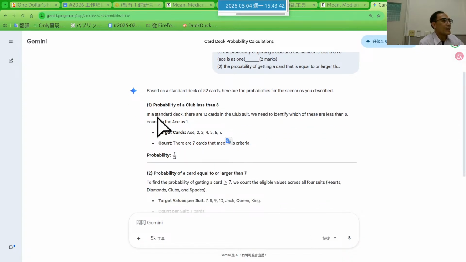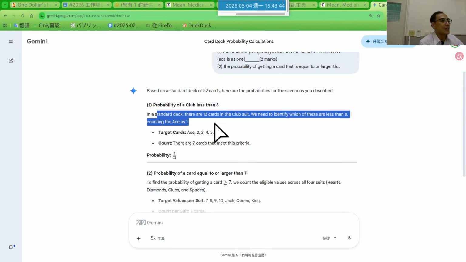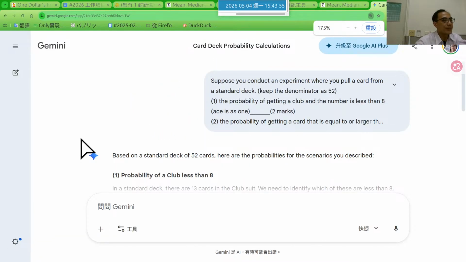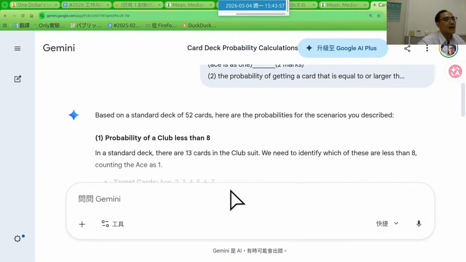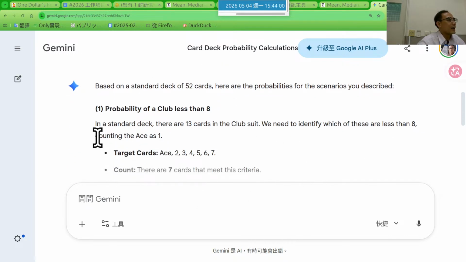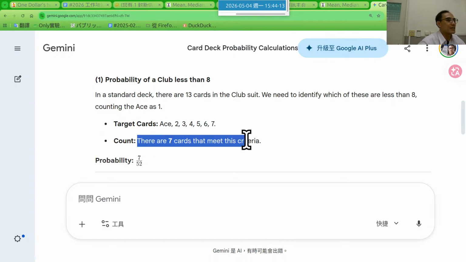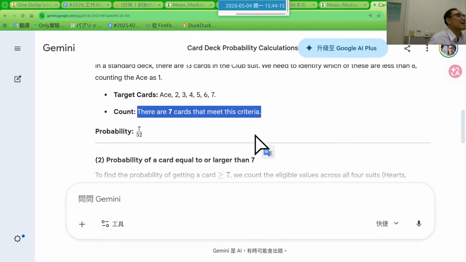In the deck, there are 13 club cards, and we need to identify which of those are less than 8. Counting the ace as 1, target is 1, 2, 3, 4, 5, 6, 7. 7 numbers here. There are 7 cards meeting this criteria. Thus, the probability is 7/52.